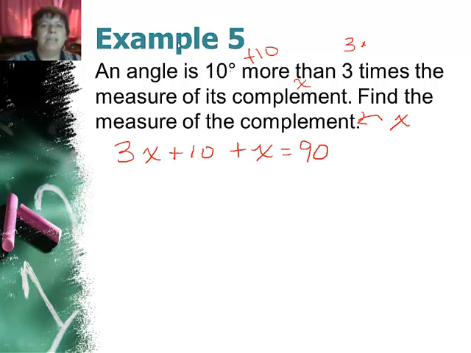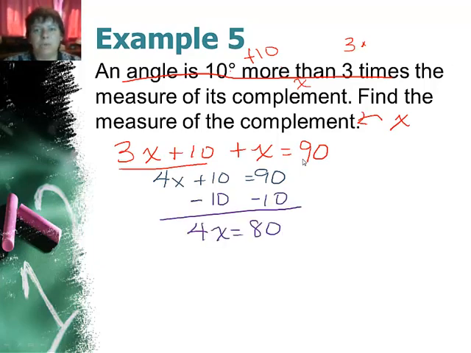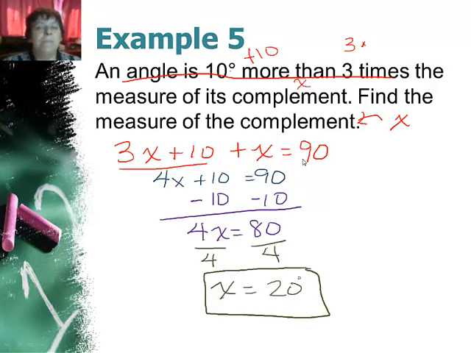So I'm saying that this angle right here, which is 3x plus 10, plus x equals 90. Then I simplify by combining the x's. 4x plus 10 equals 90. Subtract 10 from both sides, and I get 4x equals 80. Divide everything by 4, and I get x equals 20. Well, the complement we said was 20. It was the x. So that means 20 degrees is actually the answer.